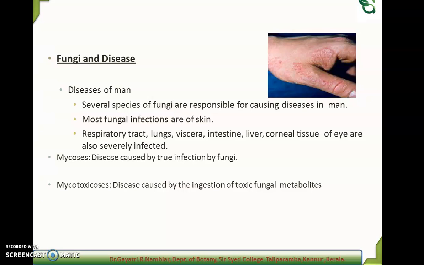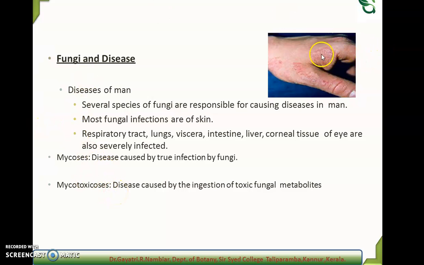Mycosis is the disease caused by true infection by fungi, and mycotoxicosis is the disease caused by ingestion of toxic fungal metabolites. When we consume food containing fungal toxin, mycotoxicosis is caused.